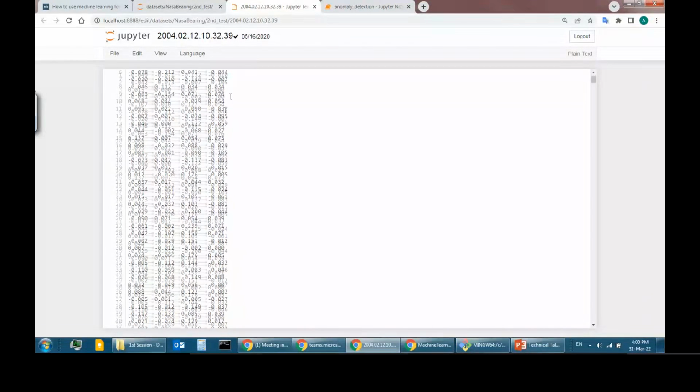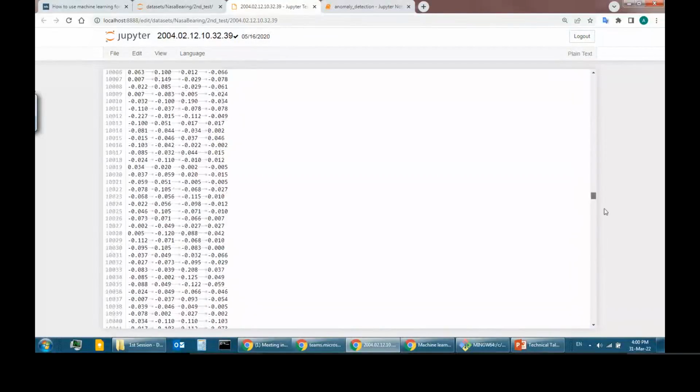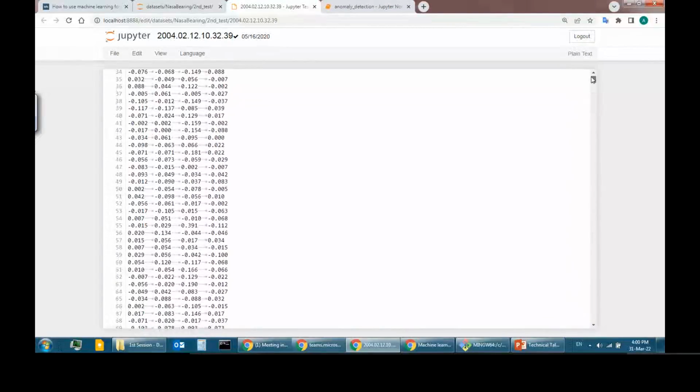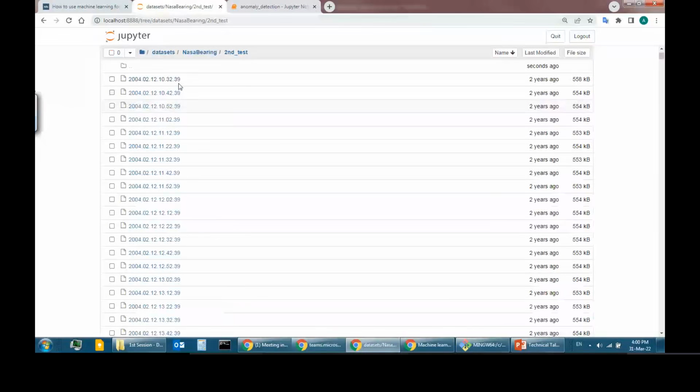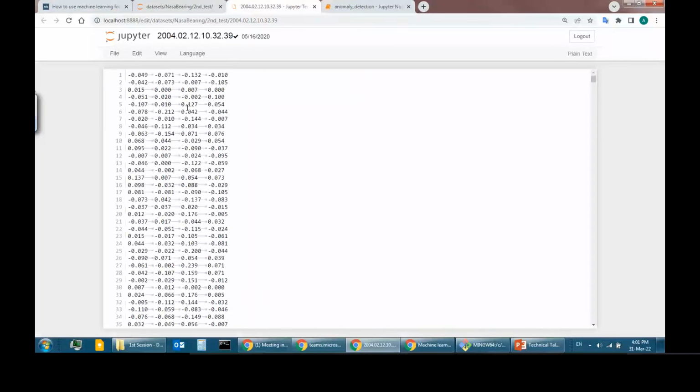So each file includes a reading of maybe 10 minutes, I think. It is just a collection of readings, probably XYZ and something else. No, these are maybe the 4 bearings, if I am not mistaken.